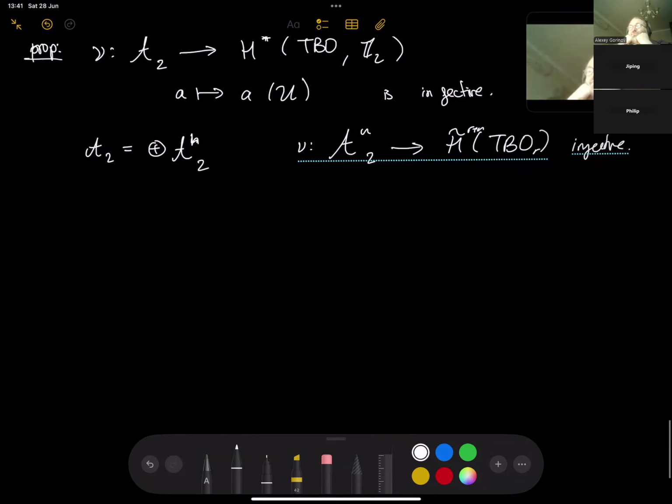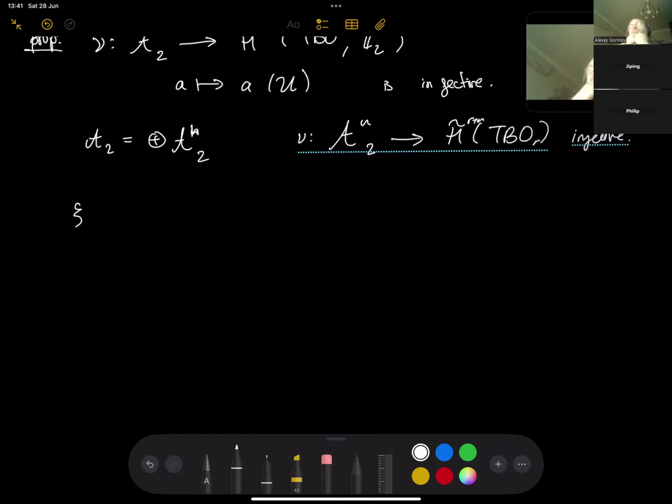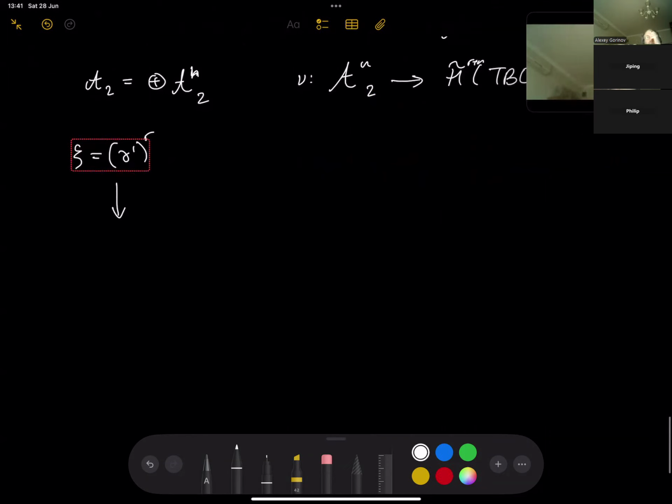Okay, so to do this, let's start with psi, and this will be the trivial line bundle times the universal line bundle times itself r times. This is a bundle over BO1 to the power of r, and this in turn is an r-plane bundle, so it has a map to the classifying space BOR.